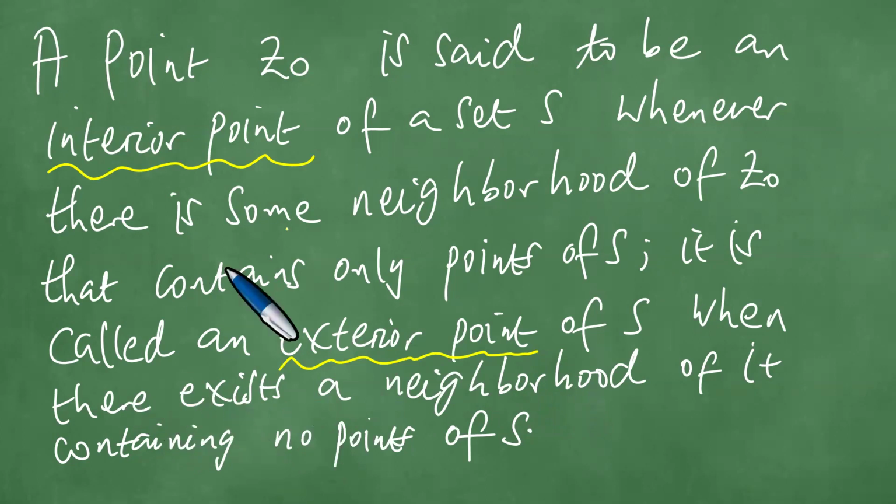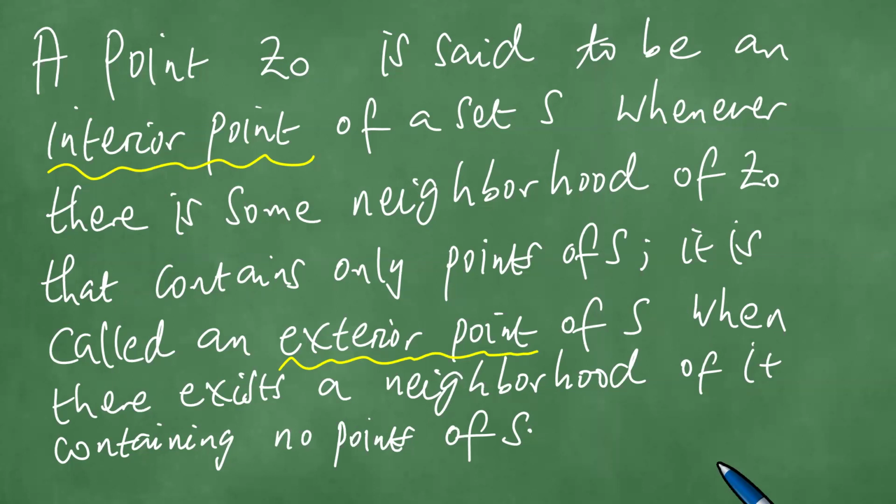This point Z0 is said to be an interior point of a set S whenever there is some neighborhood of Z0 that contains only points of S. Now it is called an exterior point of S whenever there exists a neighborhood of it containing no point of S.